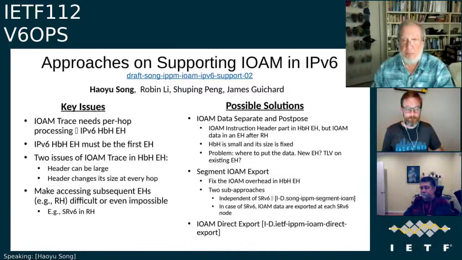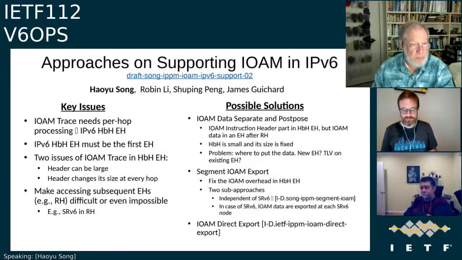So there are some possible solutions to this. The first one is for IOAM, we can basically separate the instruction part and the data part. And since the instruction part is a fixed size, we can still put it in the HBH extension header, and we postpone the data part to some later extension header after the routing header.